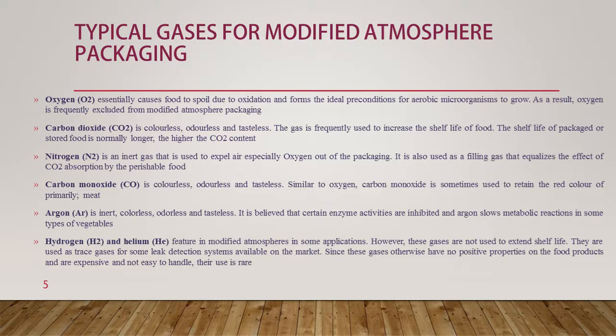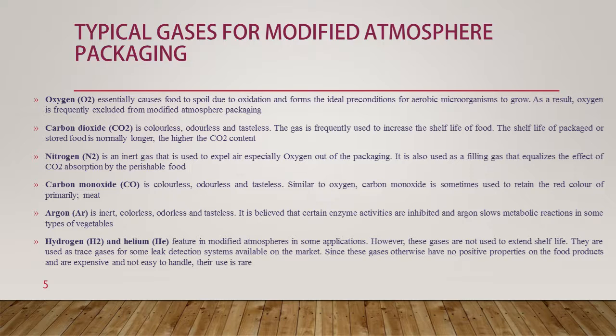Now nitrogen. Nitrogen is an inert gas that is used to expel air, especially oxygen, out of the packaging. It is also used as a filling gas, which equalizes the effect of carbon dioxide absorption by the perishable food. Now carbon monoxide, which is also colorless, odorless and tasteless.